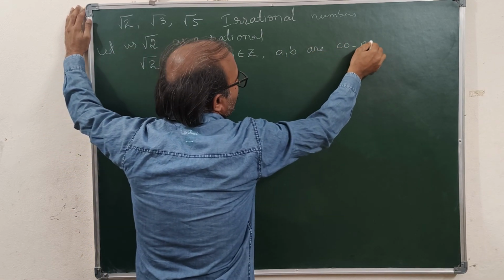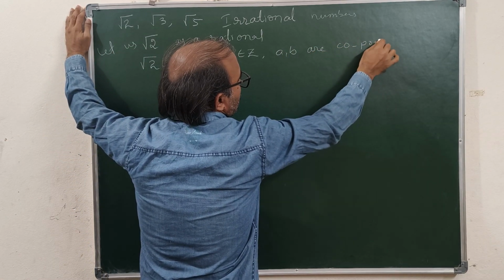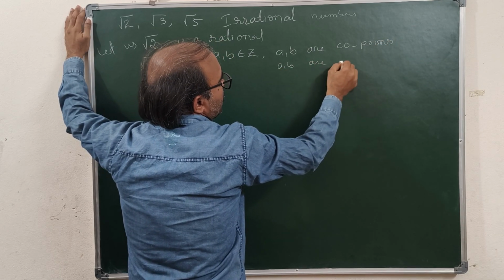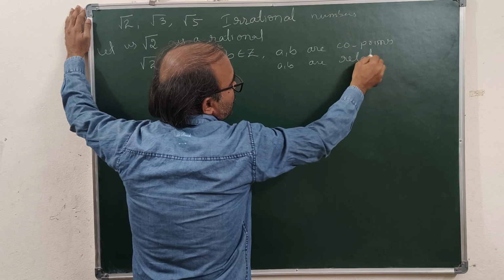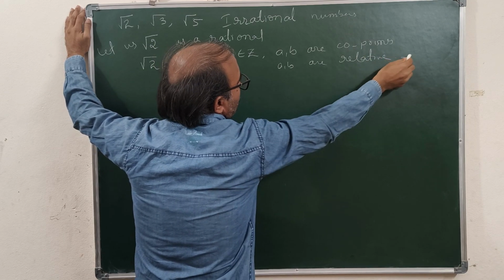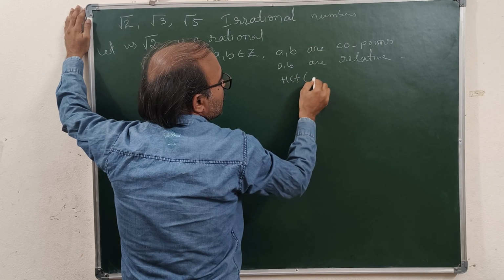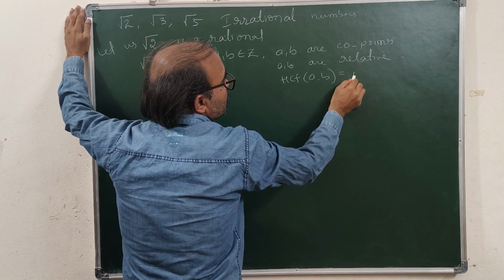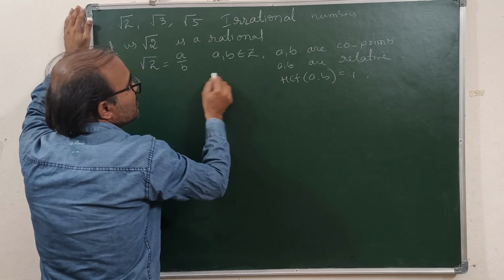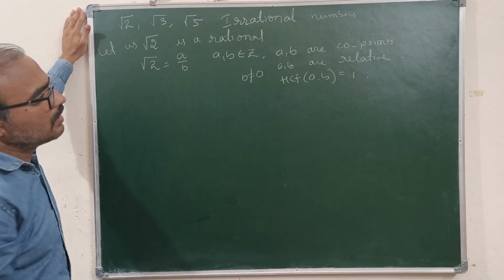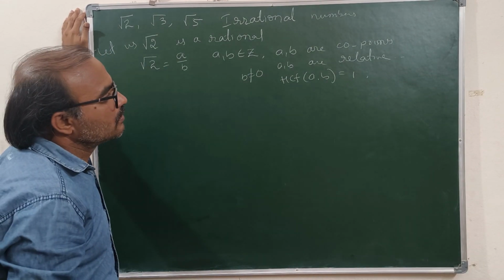Either you write co-primes, or else a and b are relatively prime, or HCF of a and b is 1. All mean the same. You also have to mention b is not equal to 0, however it is not important here.